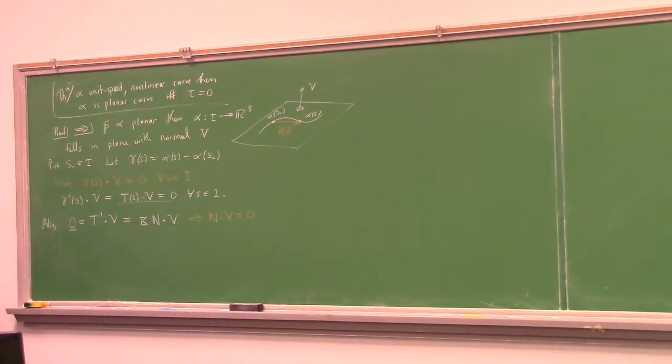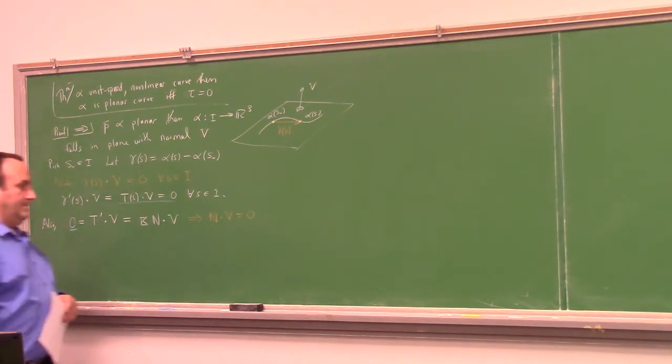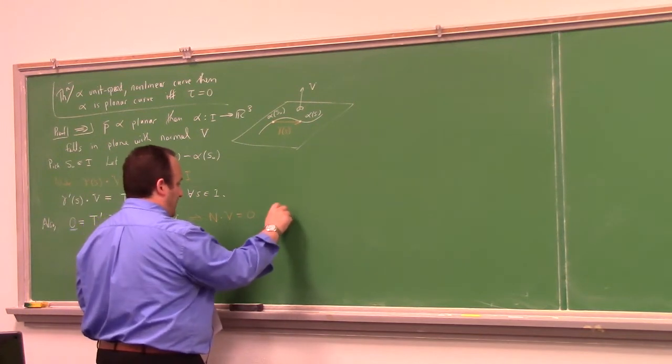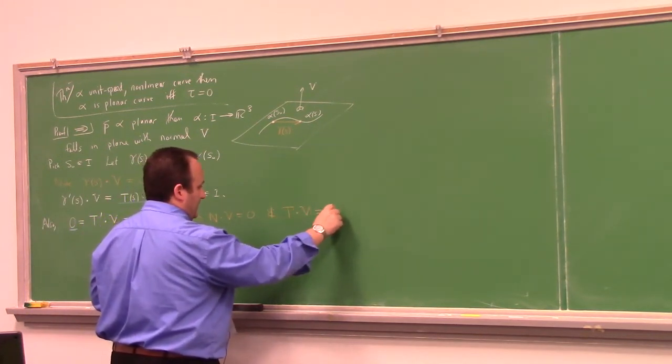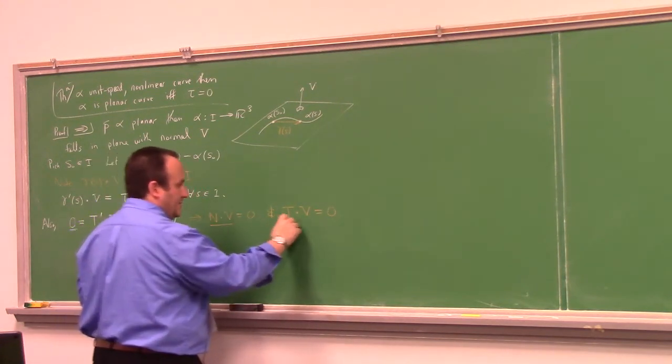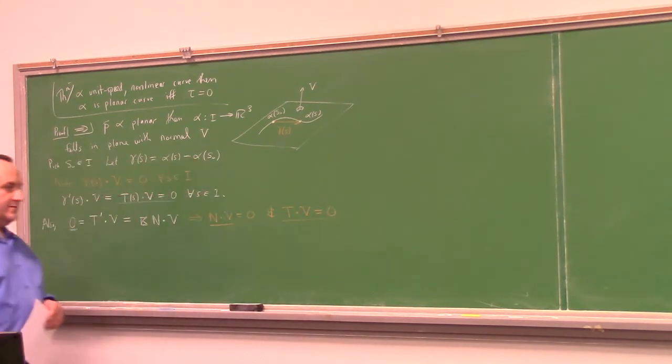Let's summarize what we know. We know that V dot n is equal to 0, and we know that T dot V is equal to 0. So what does this say about V? What direction does V have to go in?